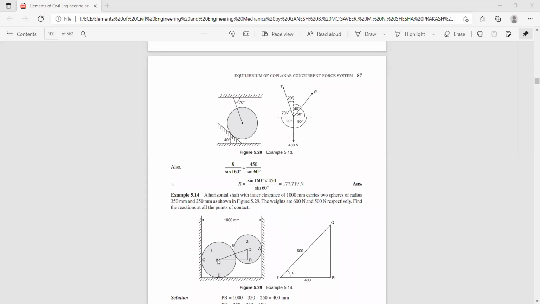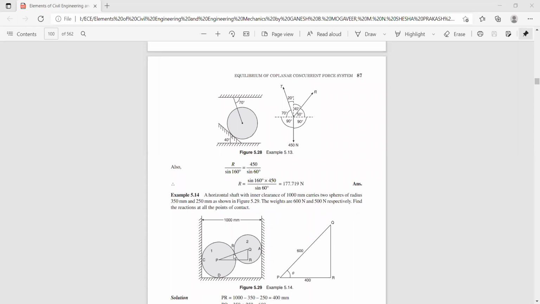Now you can see here the sphere P makes a contact with the vertical face of the container at point C, and it is making a contact at the bottom face of the container at point D. And this sphere R makes a contact with the vertical side of the container at point, he has called this as A. And you have contact between these two spheres, so this is the contact point between them.